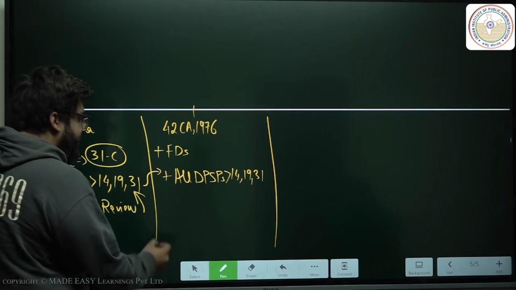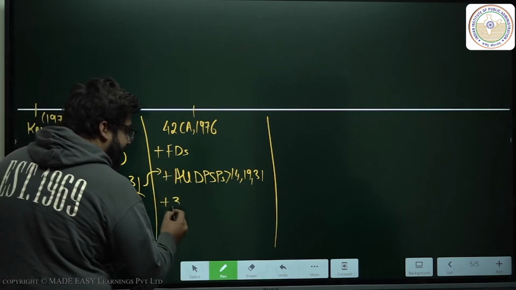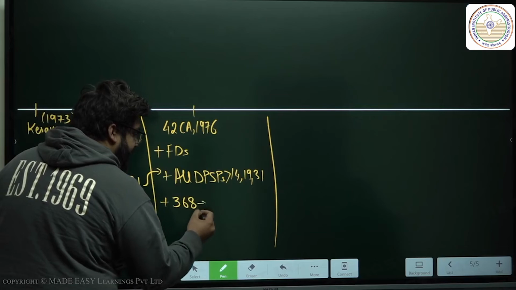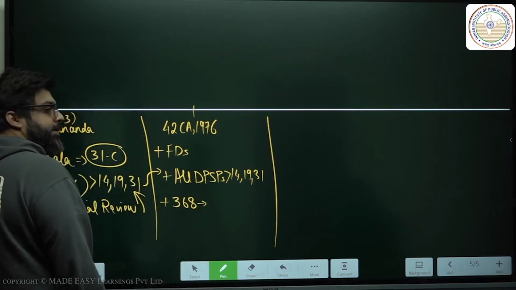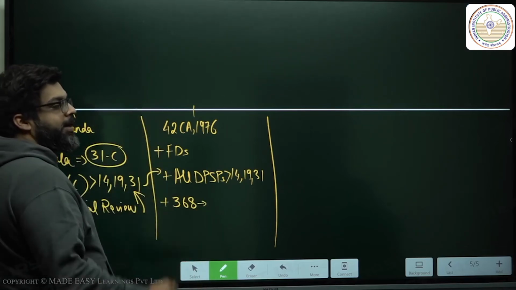And you will remember from Keshavananda Bharati, they amended Article 368 and said the Parliament can make any change to a fundamental right.